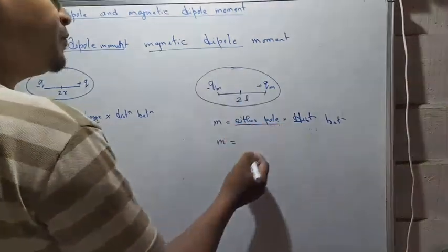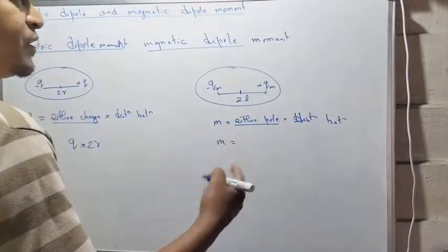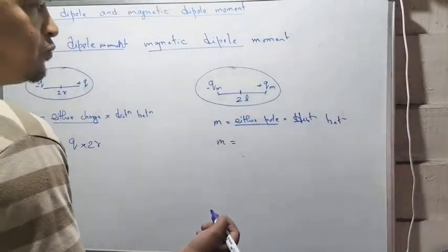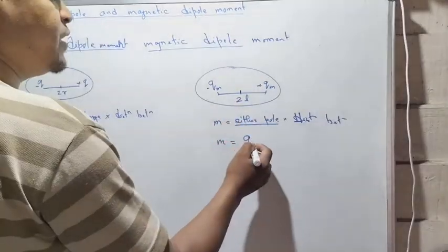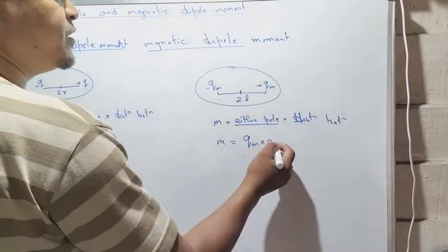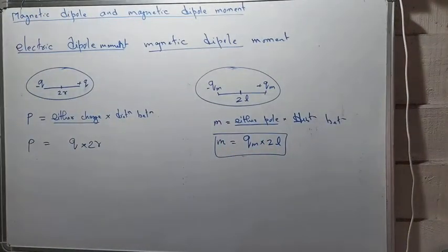But when I say either pole, you are just taking only the strength of the pole without considering the sign, whether it is north pole or south pole. So once again I will write it as just Qm times the distance between them, which is 2L. Okay. Right. So this is the magnetic dipole moment.